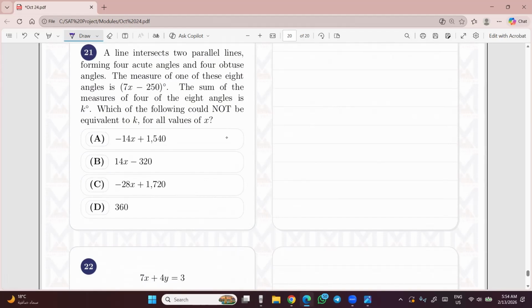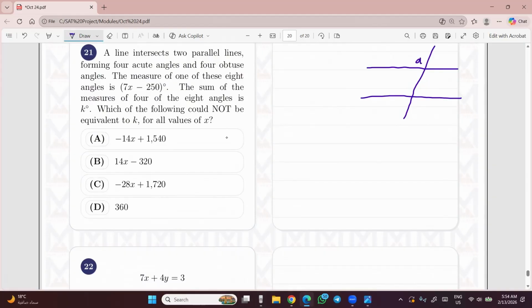I mean, the best method I see, through my experience in dealing with this kind of question, is to change the x to be a number. That will help you minimize the difficulty of the question. So here we have 2 parallel lines like this, and a transversal like this. And we have 4 angles up here and 4 angles down here.